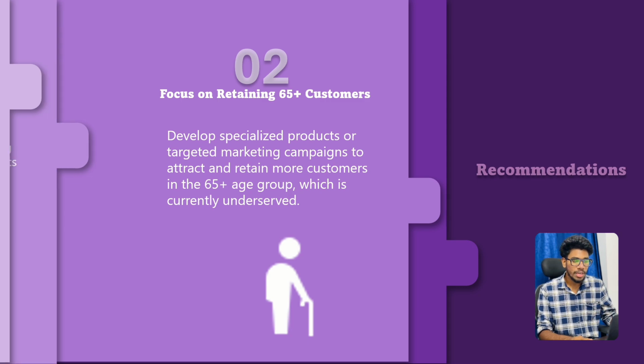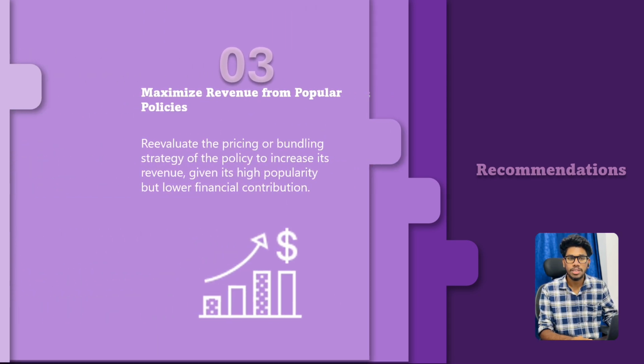My third recommendation is to maximize revenue from the popular policies. We've seen that the most popular policy is making less revenue, and by focusing on this policy and evaluating its pricing strategy, we can generate more revenue, since it has a high customer base.